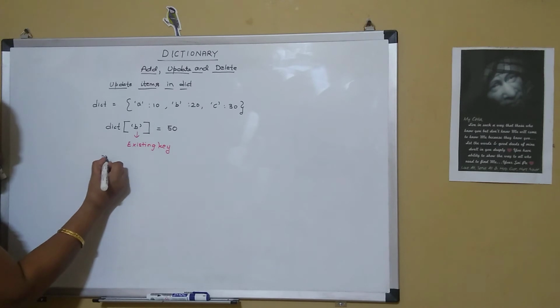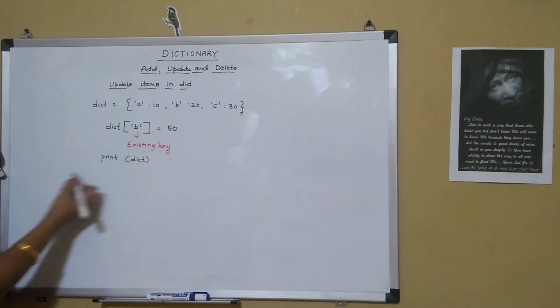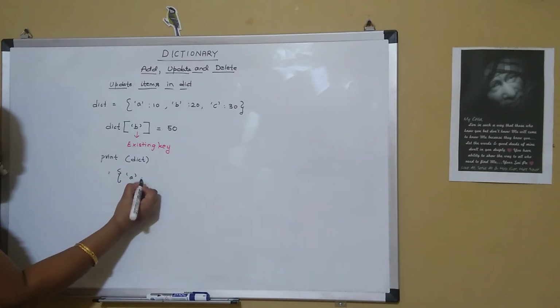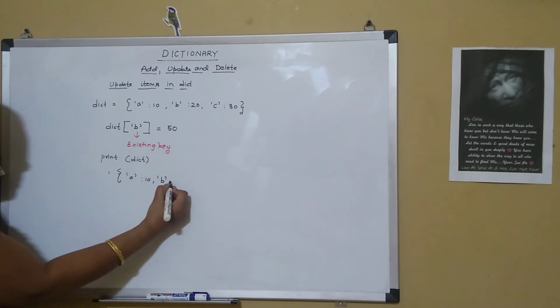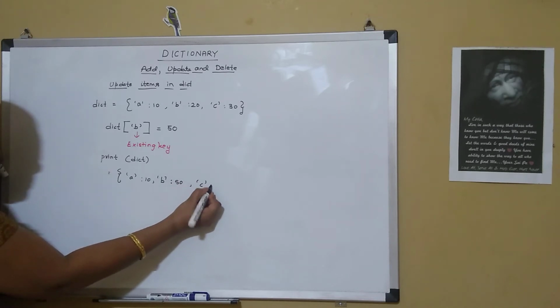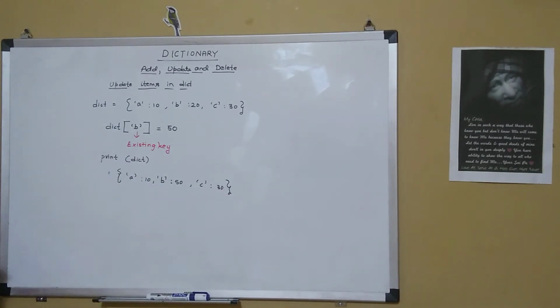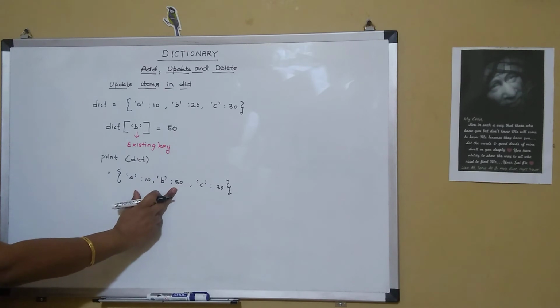Now if I print the dictionary, it will be printed as A: 10. For B, the new value 50 will get updated, and for C, it will remain the same, that is 30. So my value has been updated from 20 to 50.